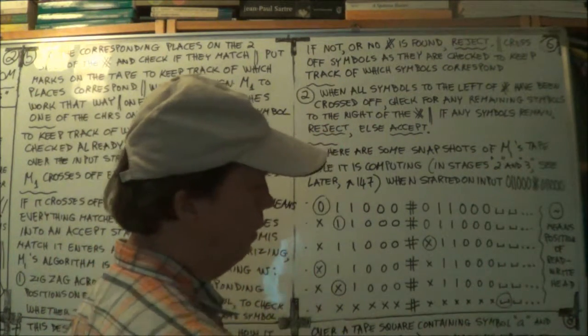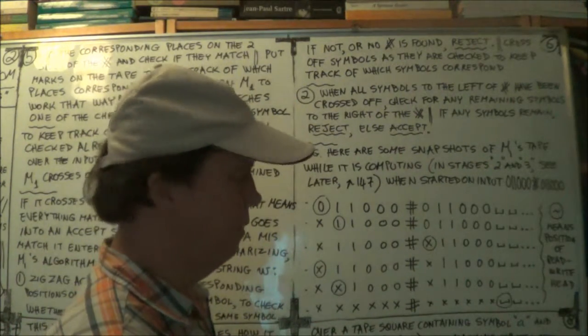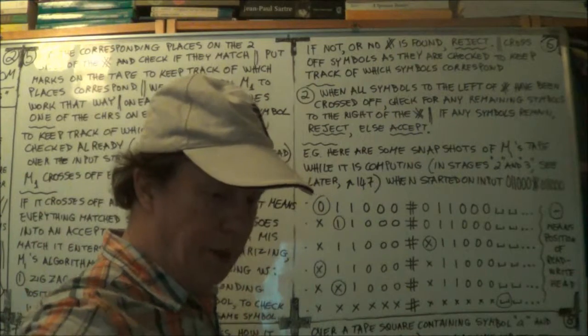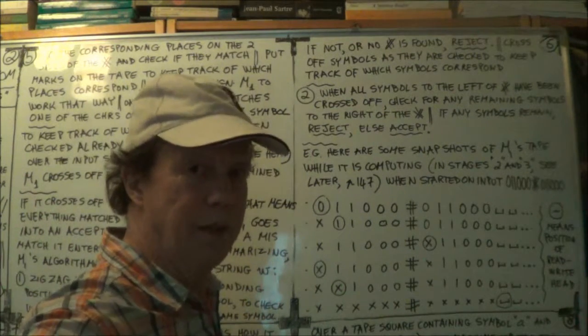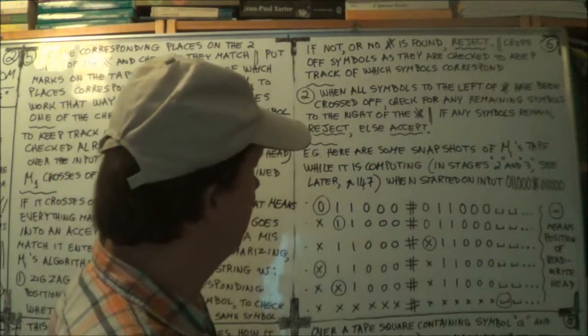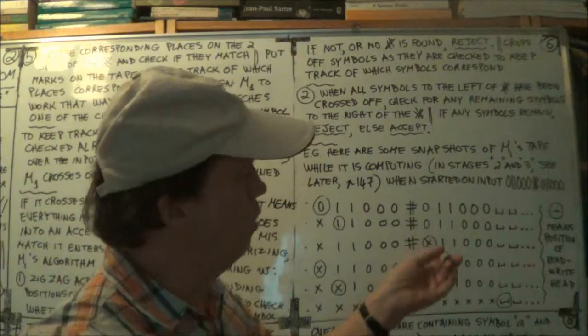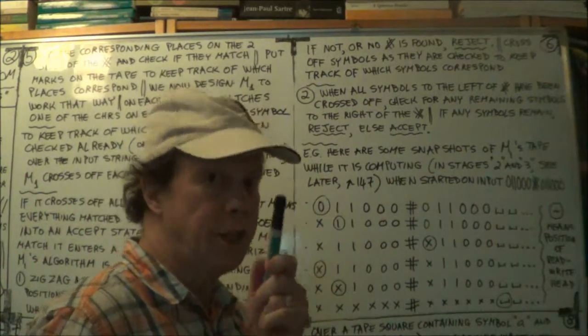But if it's a blank, that's a success, so you go straight to the accept state and stop. Now you can see, from what I've been saying, there are a lot of details.